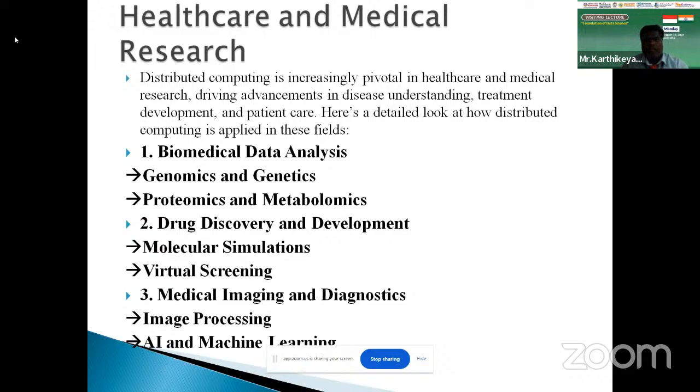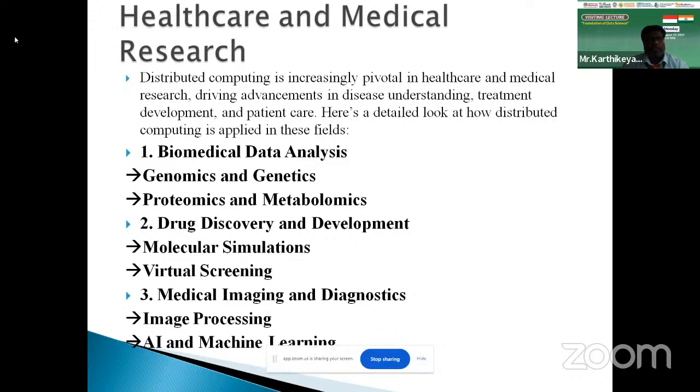The first healthcare and medical research field is biomedical data analysis. This biomedical data analysis follows genomics and genetics. In genomics and genetics, distributed computing facilities the analysis of large-scale genomics data. Projects like the Human Genome Project involve processing vast amounts of genetic information to identify gene function and variations.